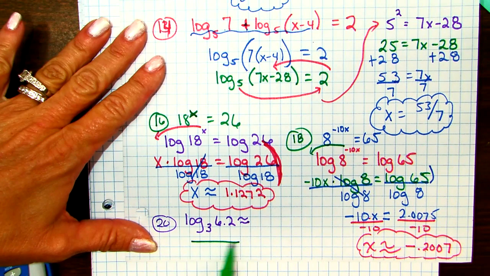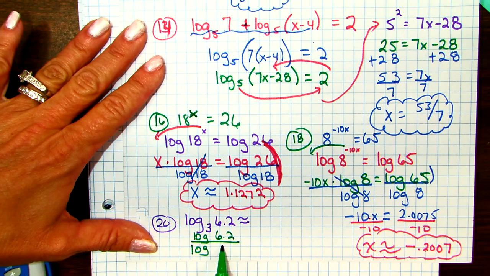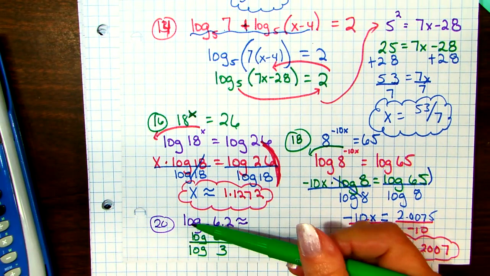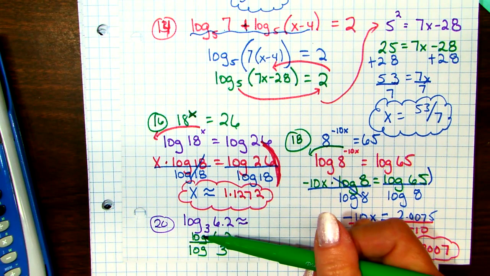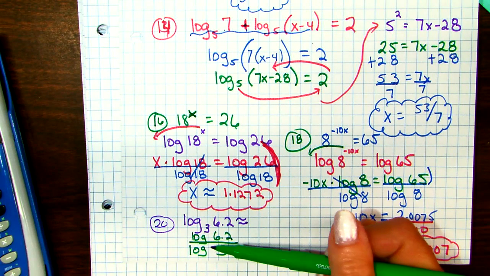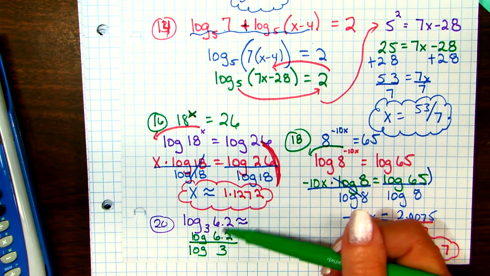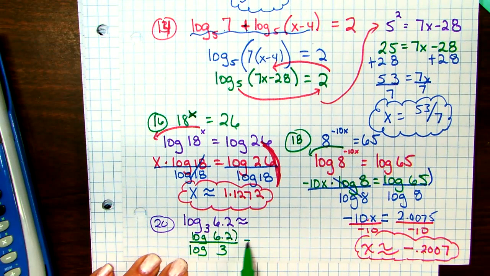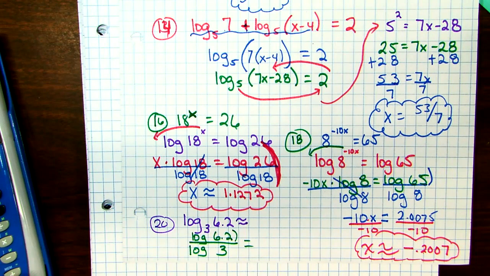So the change of base formula makes it really, really simple to do that. We make a fraction with a log on top and a log on bottom, and we put the 6.2 on top and the 3 on the bottom. So the number that's lower, the base, goes to the bottom, base bottom. 3 goes on the bottom. We're not changing any of the numbers. They both get a log, and we're just putting that in our calculator.